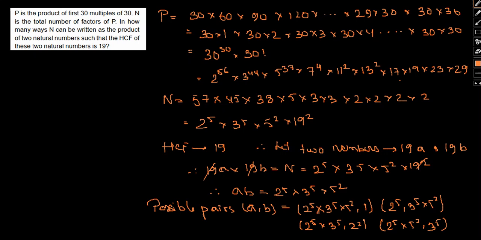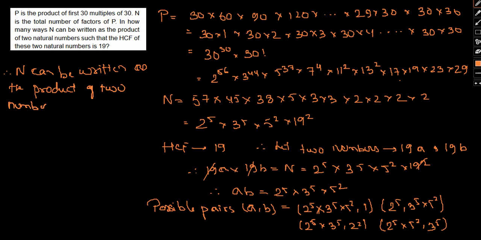Okay, so therefore n can be written as the product of two numbers such that their HCF is 19 in 4 ways.